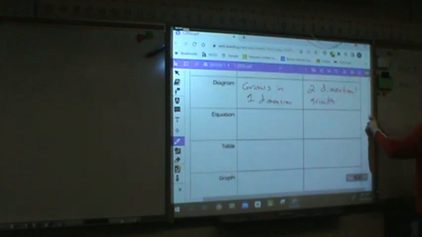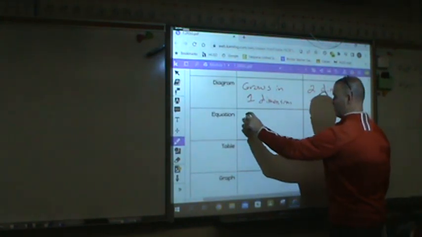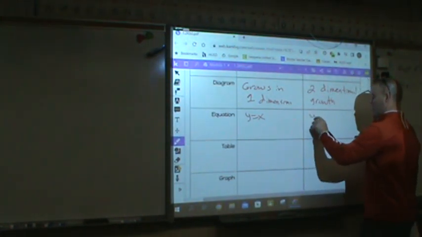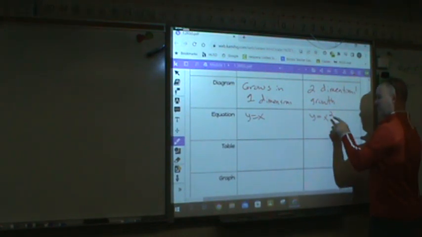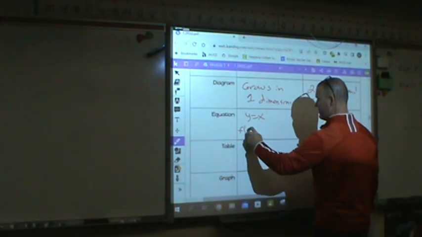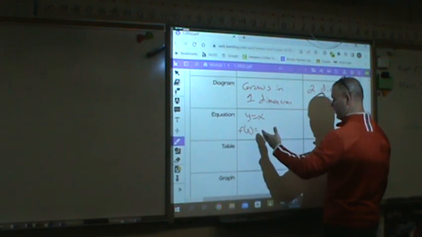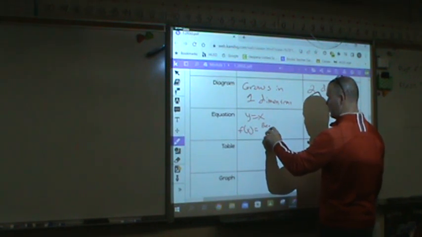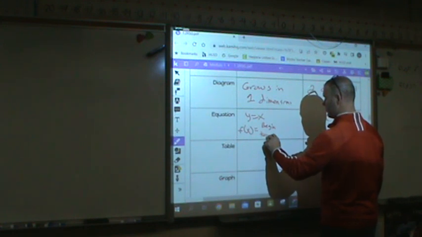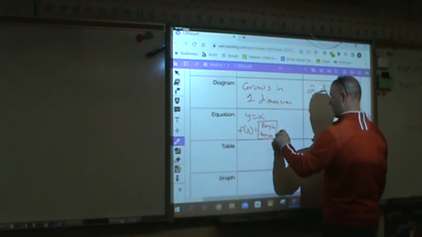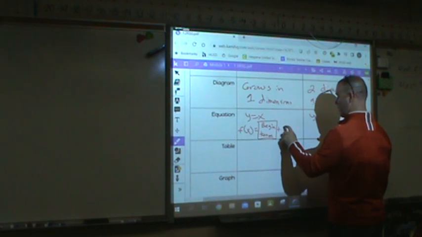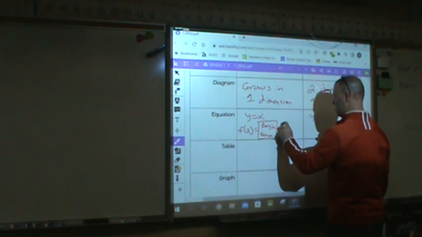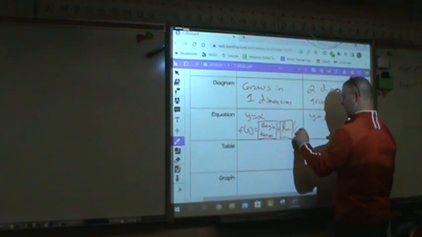An equation, here's the biggest distinction between the equations: y equals x or y equals x squared. The square being the big one. We have seen our linear functions like this, where we have a beginning term, and then we're going to add our rate of change, our ROC, times x minus 1.